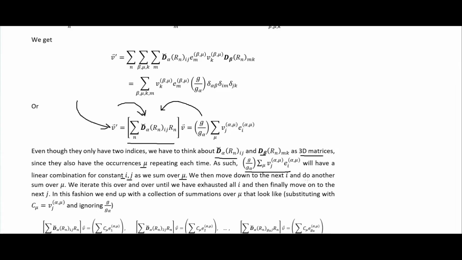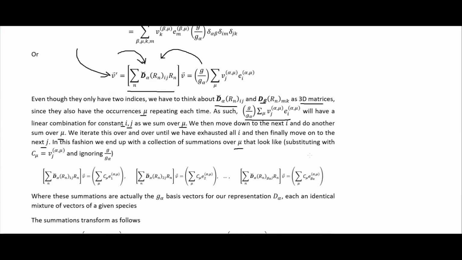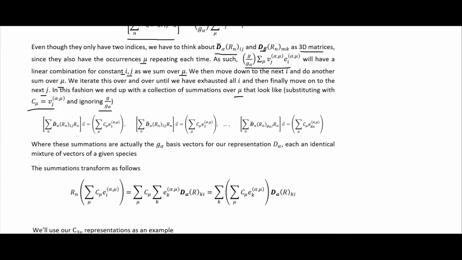We then move down to the next i and do another sum over mu. We iterate over all these until we've exhausted all the i's, and then we finally move on to the next j. In this fashion, we end up with a collection of summations over mu. I'm making these substitutions just to simplify the notation. So we end up with these summations that look like this.